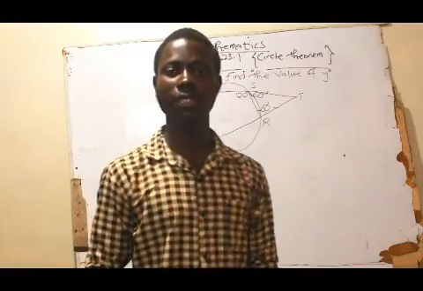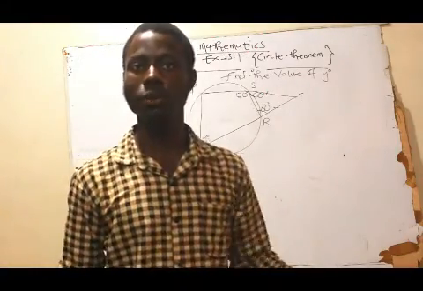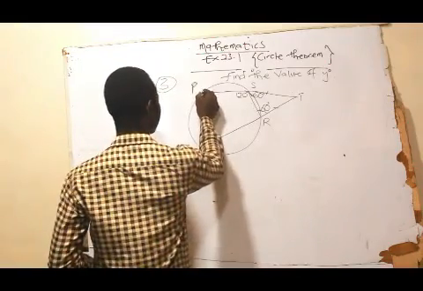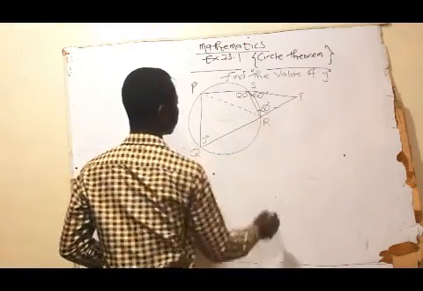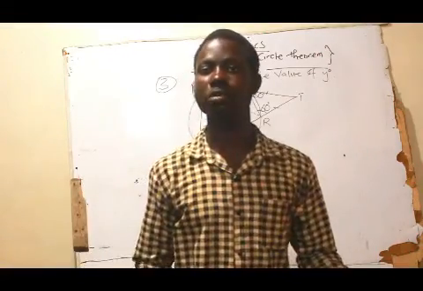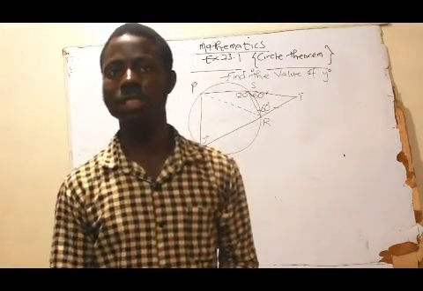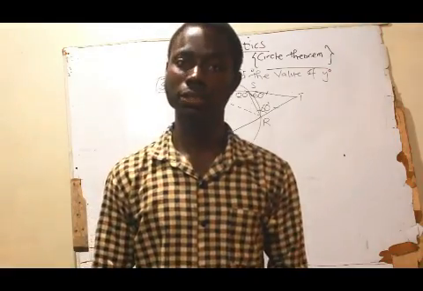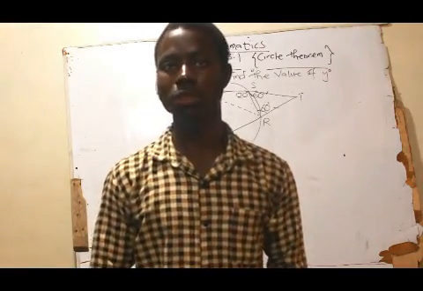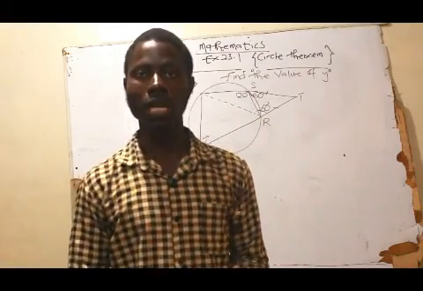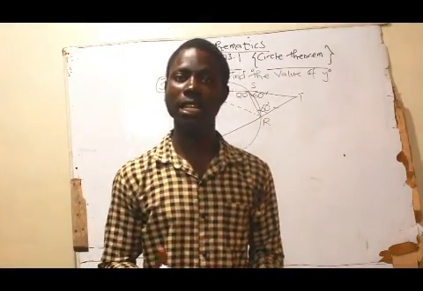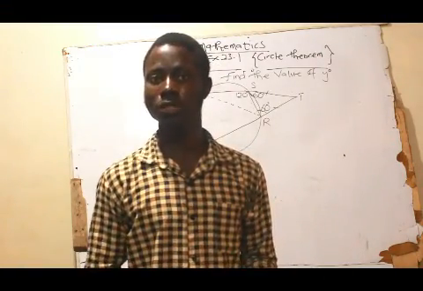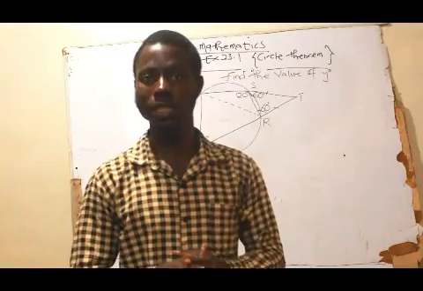Now let's assume that there is an imaginary chord joining PR. Now this chord subtends angles at opposite segments. Those two angles will sum up to 180 degrees, and that's one of the properties of circle theory. So we have to bear in mind that when a chord subtends two angles at the circumference of a circle, and they are in opposite segments, those two angles sum up to 180 degrees.